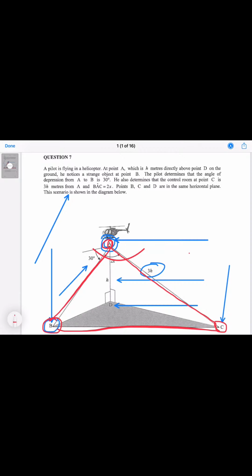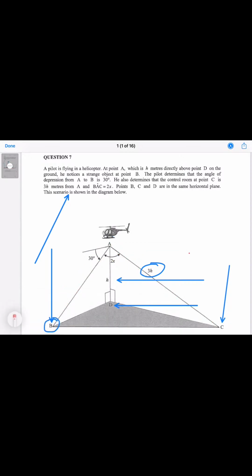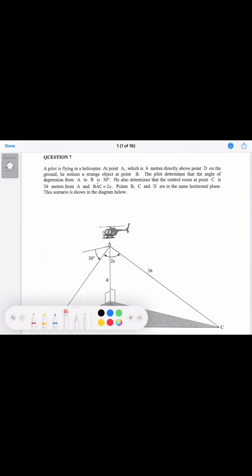Let me quickly remove everything there so that I continue with that statement. So let's see. They're saying points B, C, and D, where are they? Points B, C, and D are in the same horizontal plane. Yes, that makes sense. There is the horizontal plane.